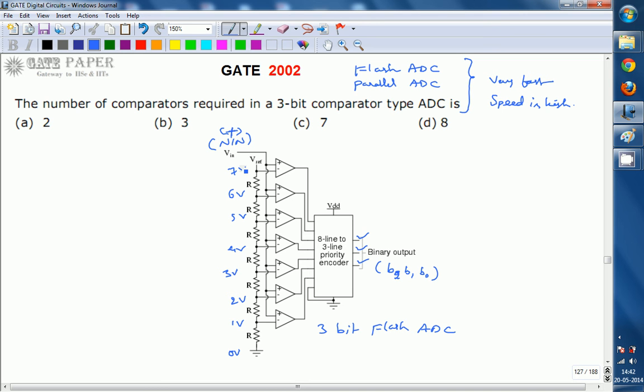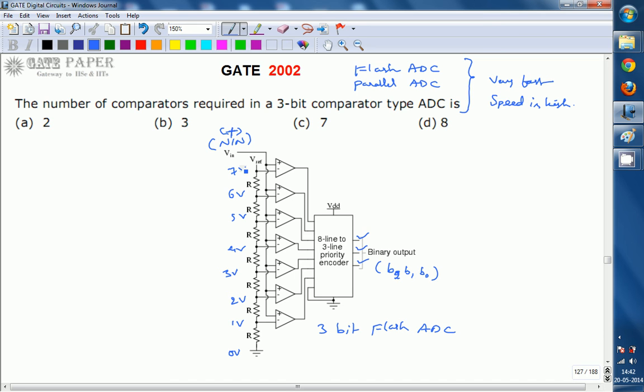For that active line, the encoder encodes the decimal digit present at the input into a binary digit, which is considered as the output. A priority encoder can have more than one input at the high level, but whichever has the highest priority is considered, and all others are neglected.